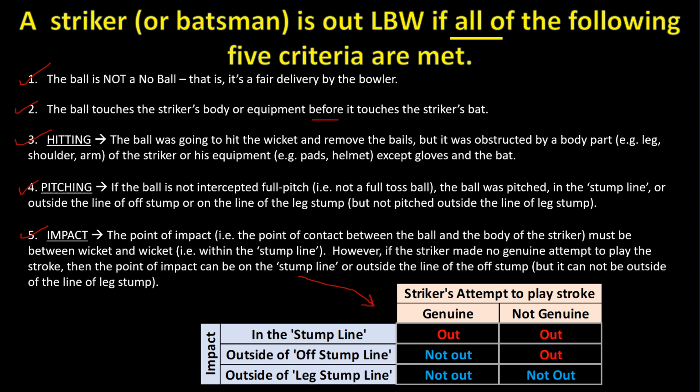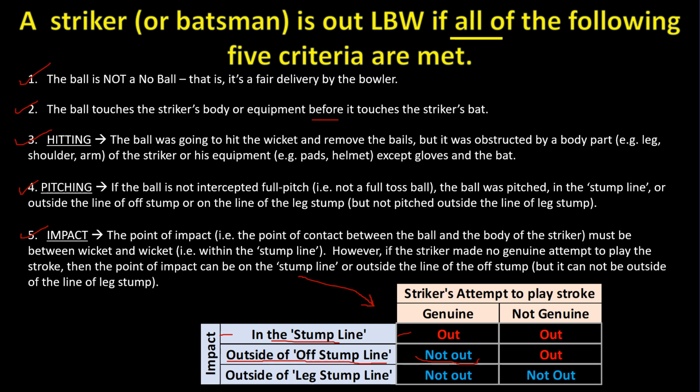table, which says that if the impact, that is the point of impact or the point where the ball touches the striker's body or equipment, that is, if the impact is in the stump line, then regardless of the genuineness of the striker's attempt to play the stroke, the batsman or the striker can be given out LBW. Second row, if the impact is outside of the off stump line, then if the striker's attempt to play the stroke is genuine, then he cannot be given out LBW.